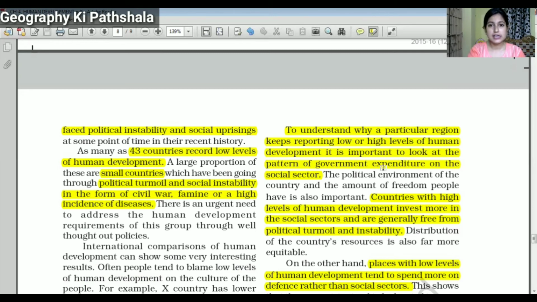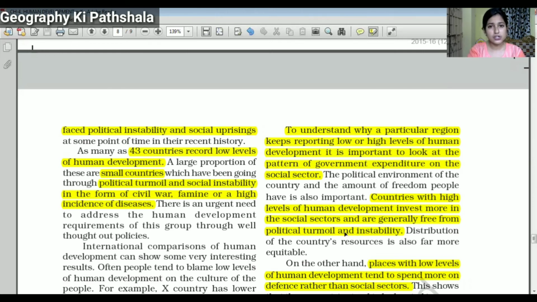So here you can see the importance lies. And in some countries you will see a high level of human development, because they invest much more into the social sectors, and there you can see the absence of any kind of political turmoil or instability.